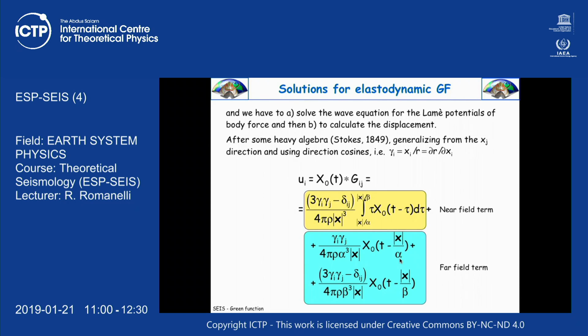This is just a rule of thumb, but I don't want to spend a lot of time here. So, okay, we found the Green's function for a homogeneous, infinite, isotropic, elastic medium.